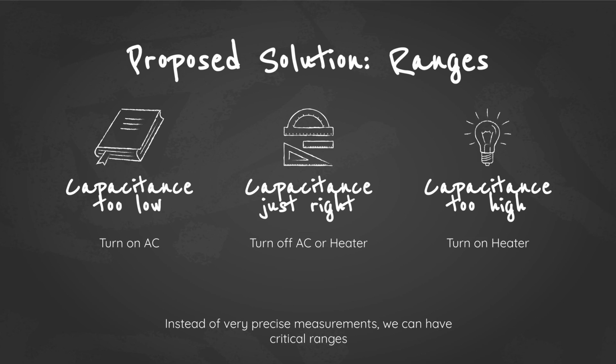And with the opposite logic, if our capacitance is too high, this implies that our dielectric constant is too high, which implies that our temperature is too low. Therefore, we turn on the heater to make it warmer. So instead of having very precise measurements, we can have critical ranges: capacitance just right, capacitance too low, and capacitance too high.